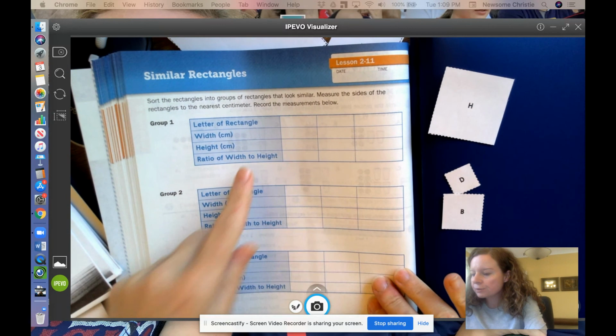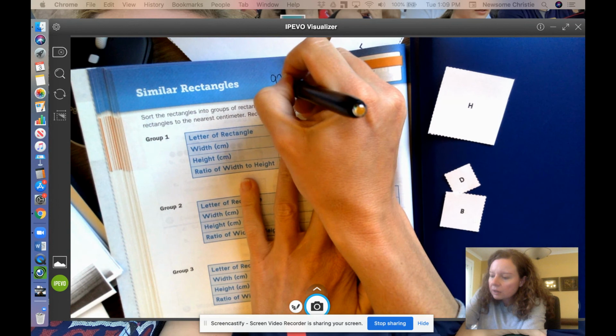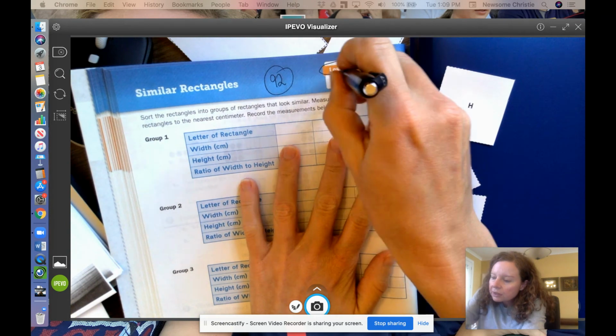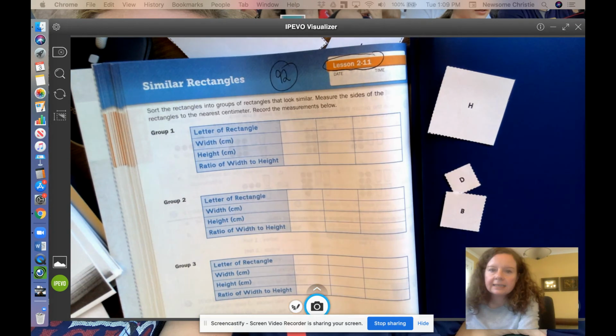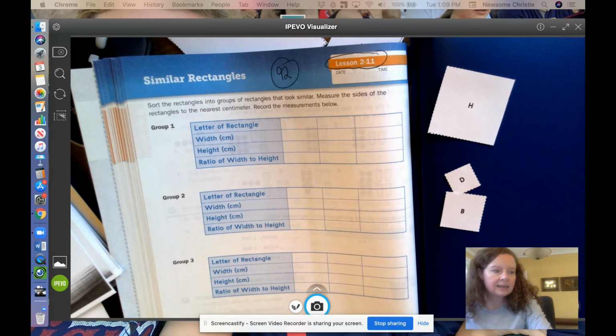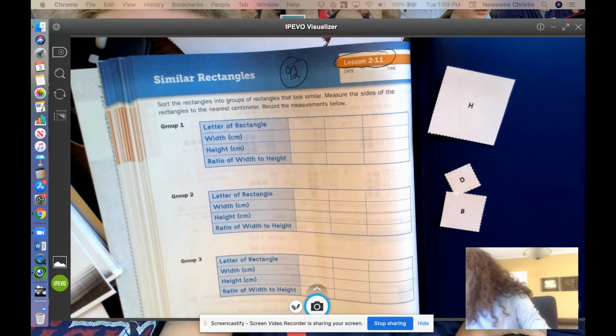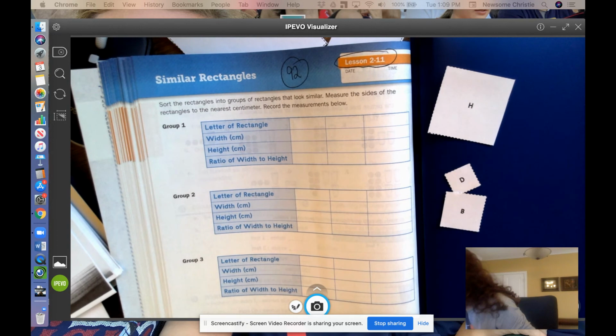So this is page 92 of your math journal. And notice we're on lesson 211 today. And it says sort the rectangles into groups of rectangles that look similar. Measure the sides of the rectangles to the nearest centimeter. All right, so we're going to need our ruler. Should have grabbed mine before I started the video, right? So we're going to measure these.